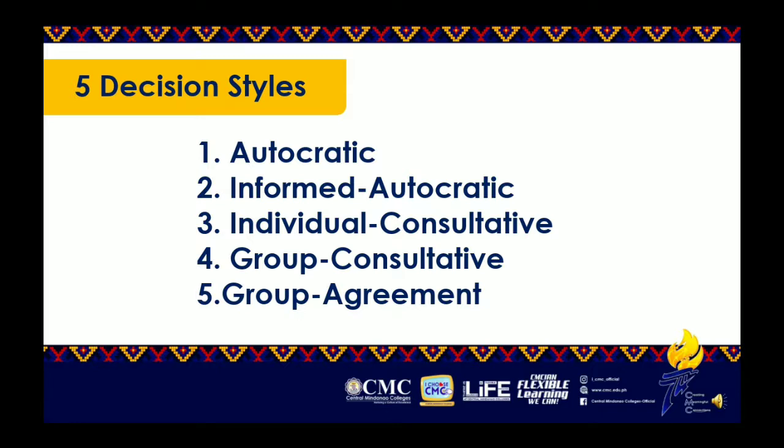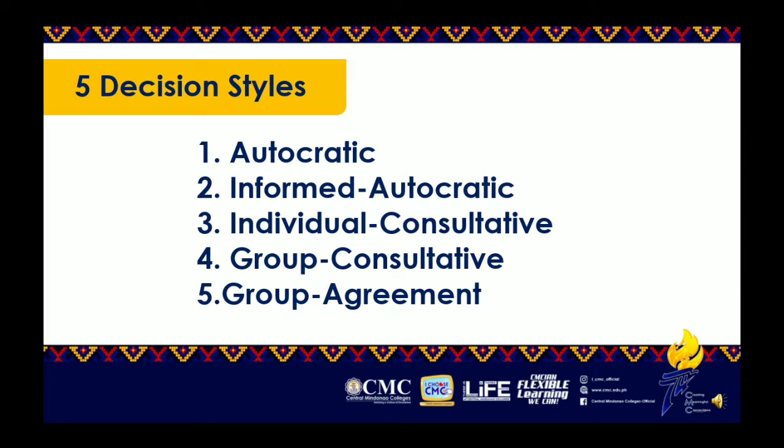So the leader using the existing information solves the problem unilaterally. Next, informed autocratic. The leader solves the problem unilaterally after obtaining necessary information from subordinates. So meaning, in informed autocratic, the leader might go out and grab information from others.